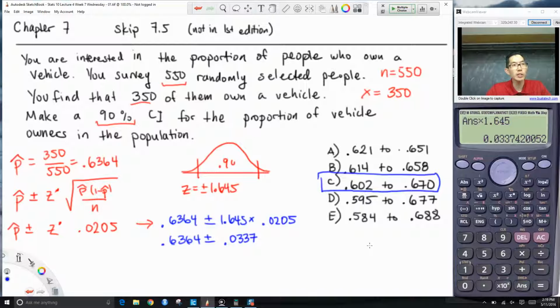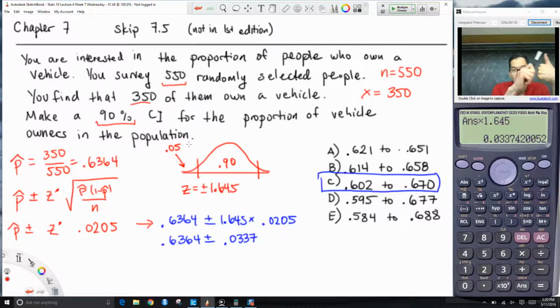I believe I gave you a list of kind of 4 z-scores that you should know, and I also said if you don't, you can always figure out, like, if you want 90% in the middle, then you would want 5% in each tail. So the z that corresponds to giving me 5% in the lower tail is basically 1.64 or 1.65, and that's where we're getting it. But I also gave you 4 values that you should know.